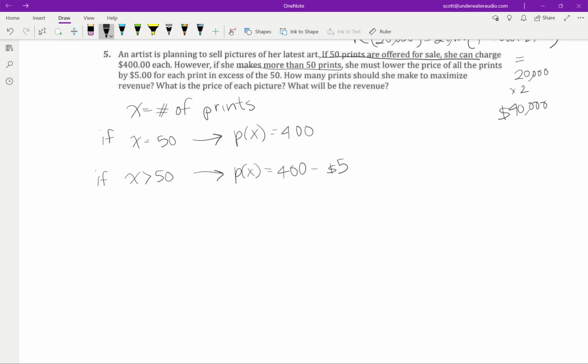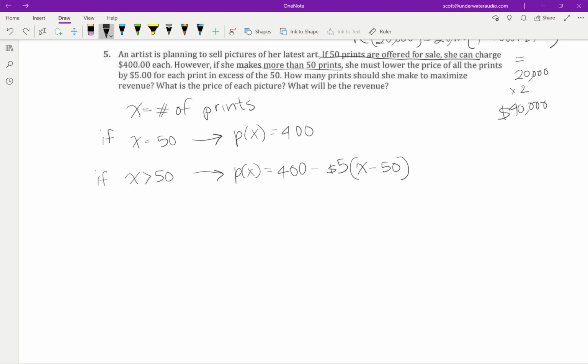So what I want in here is something like, let's say x is 52. So there's 52 prints she wants to sell. Then I'd like to put 2 right here so that I subtract 5 twice. I've got to be kind of clever here. I think the way I would do this is x minus 50. So x has to be greater than 50. And if x is 52, minus 50, I get the leftover 2 like I'd like.